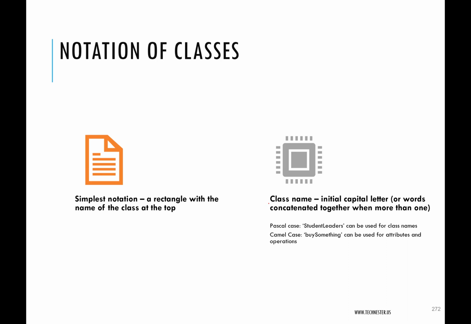So if you are in an environment where you know your class diagram may eventually be implemented as code or be translated into code, then you know that class names in programming do not have spaces.